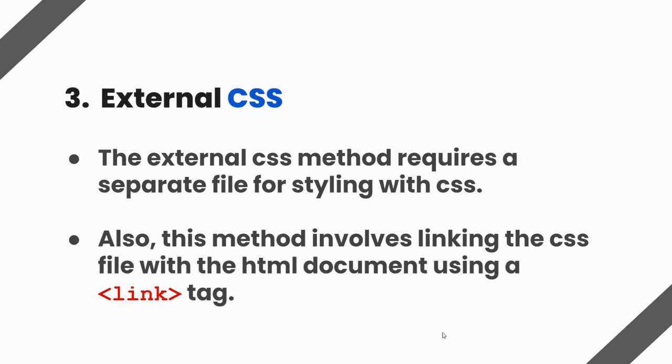So the link tag is what connects your CSS document to your HTML. Now, many of us might not understand the link tag, since I did explain this in previous classes, but here we'll be looking into the link tags and the attributes within the link tags that enable this connection between CSS and HTML.